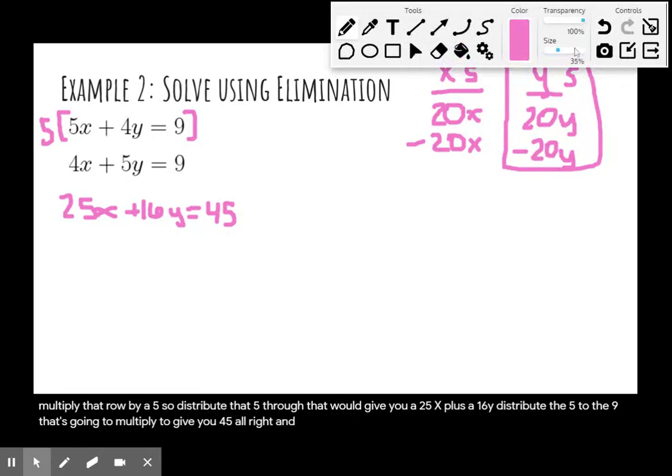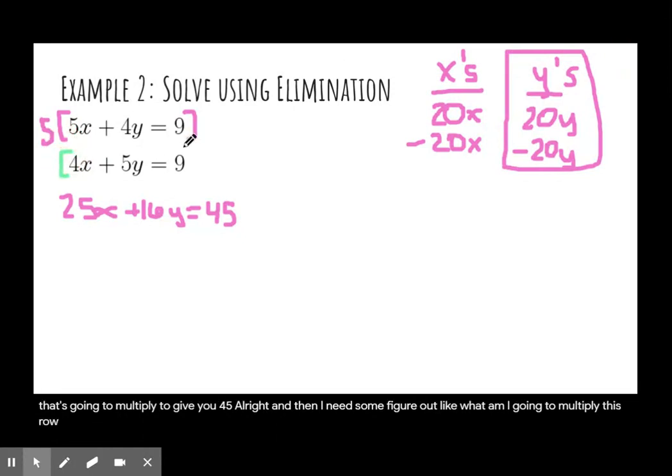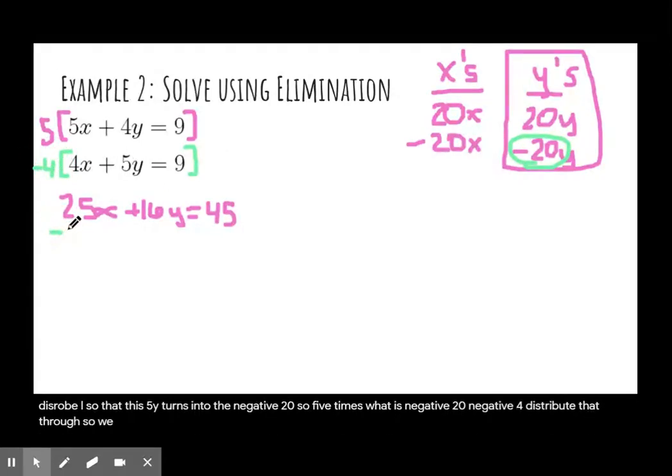All right, and then I need to figure out what am I going to multiply this row by so that this 5y turns into the negative 20. So 5 times what is negative 20? Negative 4. Distribute that through. So we have negative 16x minus, oh, look at that, I've got my error here.